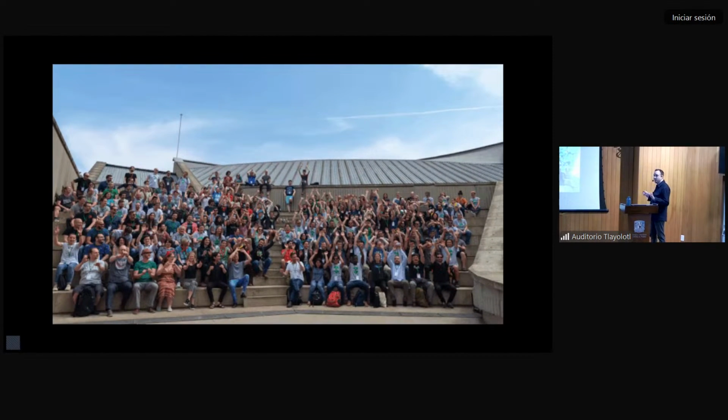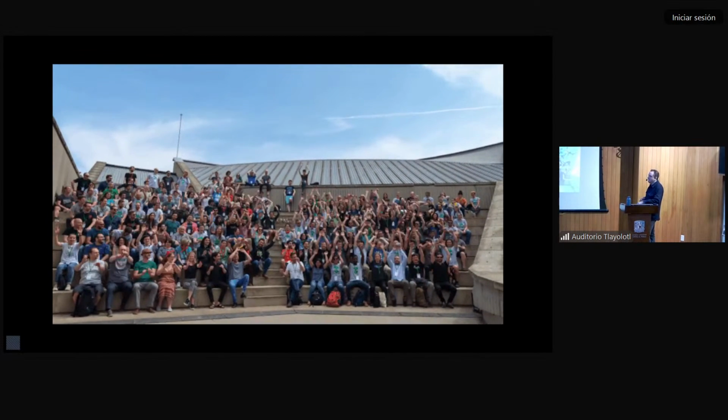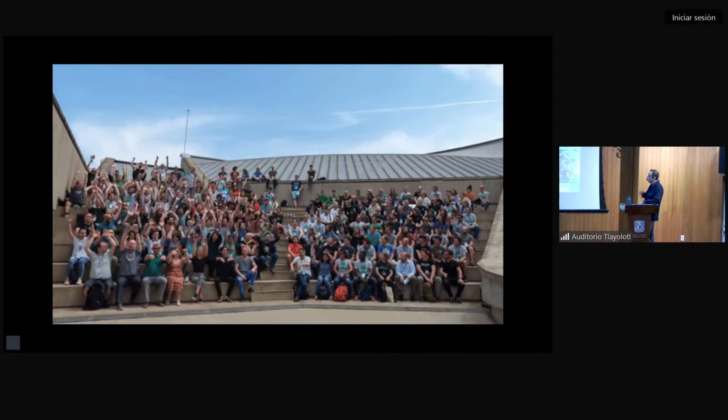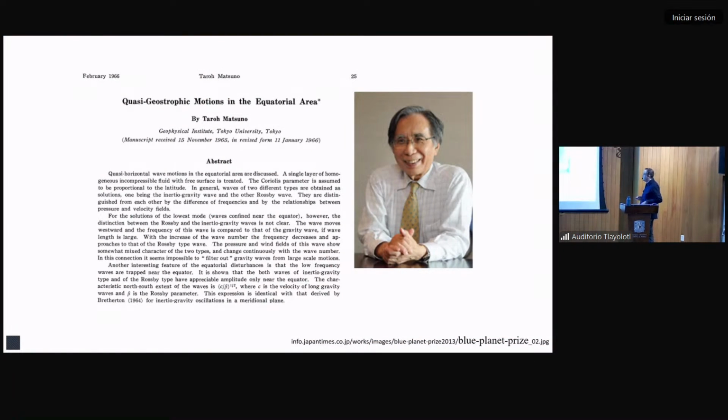So we know that we need to look for something that looks like a wave and that will explain this original time series. And all this quest perhaps starts way before Matsuno, with the works of Laplace, but the most recent one and the most well-known relative to us is the work by Matsuno in 1966.